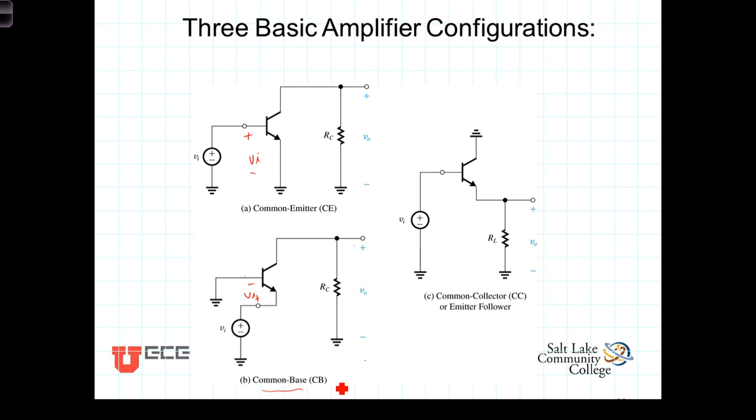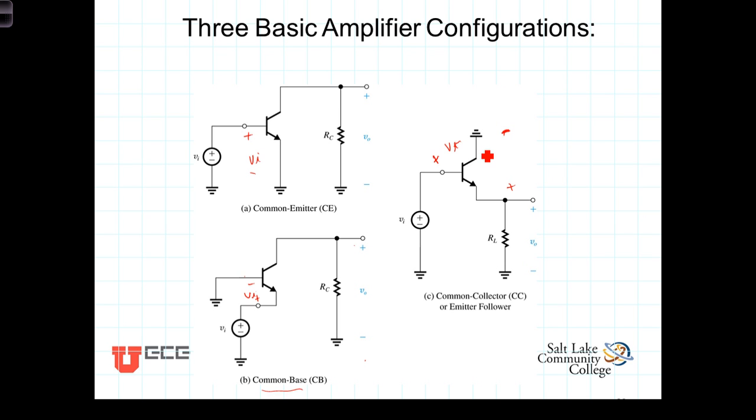And finally over here we've got the common collector, where both the input voltage Vin and the output voltage, taken in this case from the emitter to ground up here, are referenced to the grounded collector.